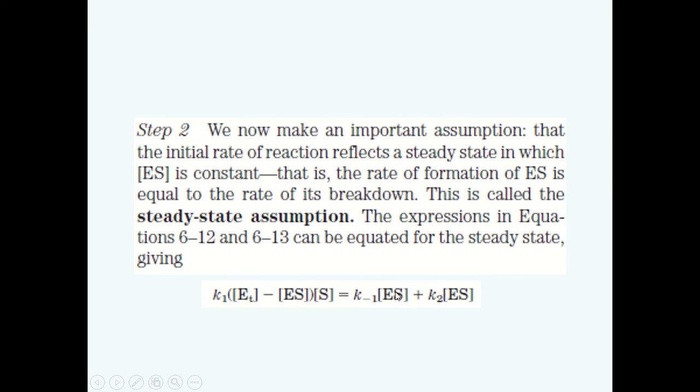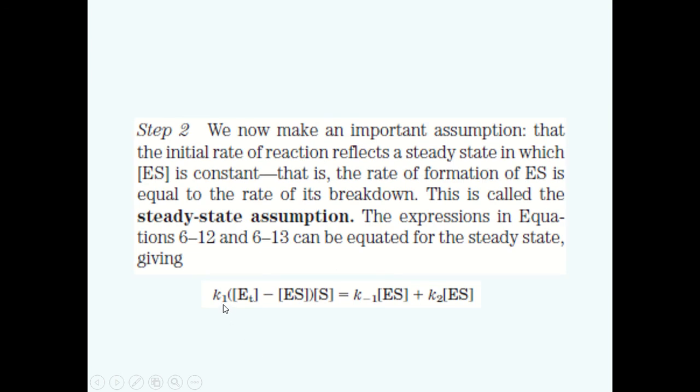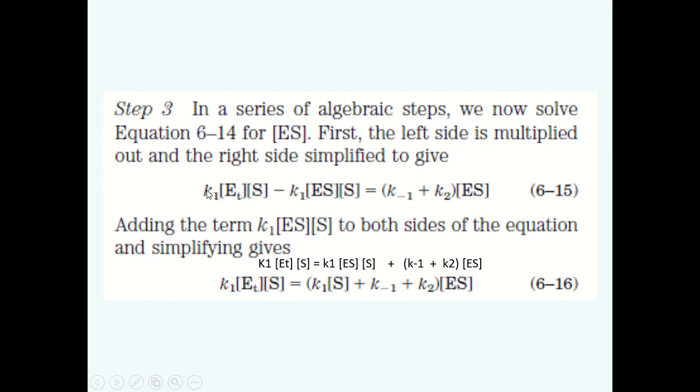So that becomes K minus 1 plus K2 multiplied by ES. ES is a common term in both of these. So what we have done here is that we multiplied this expression with K1 and we have taken ES common from the other part of the equation. So this turns into K1 ETS minus K1 ESS equals K minus 1 plus K2 times ES.